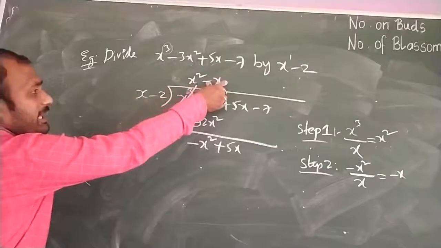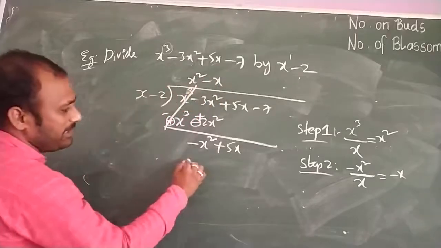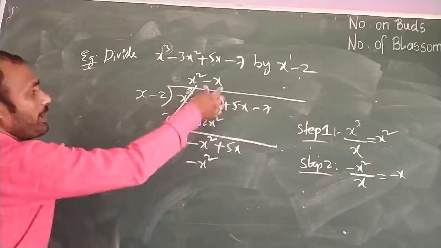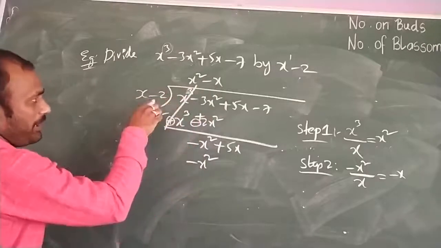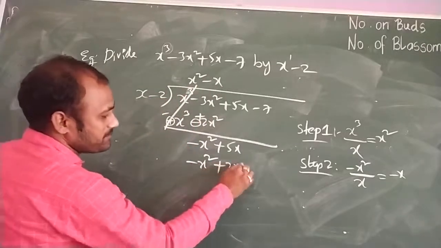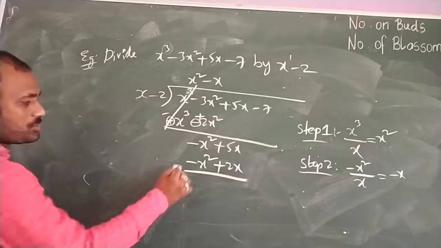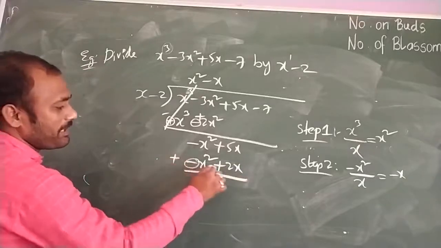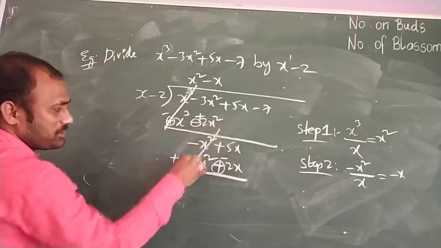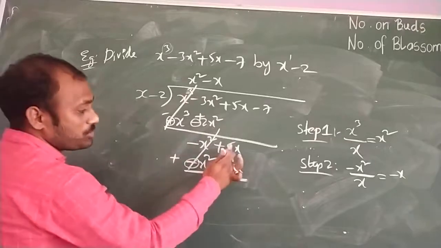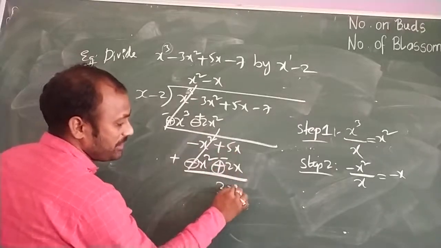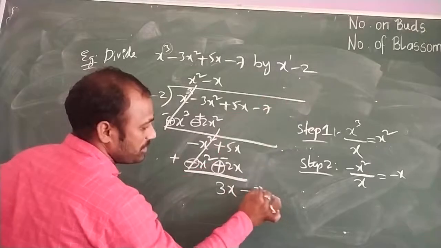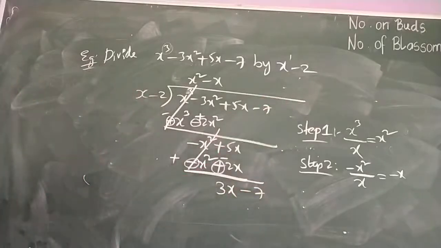Minus x into x will become minus x square. Minus x into minus 2 will become plus 2x. So change the sign here, minus will become plus, plus will become minus, for these to get cancelled. So 5x minus 2x will be 3x. Next term you bring down, that is 3x minus 7.